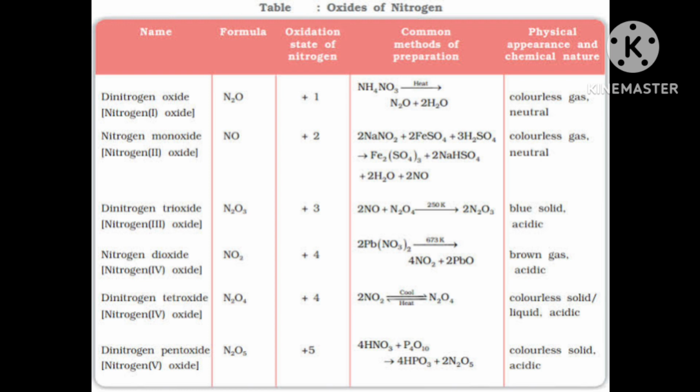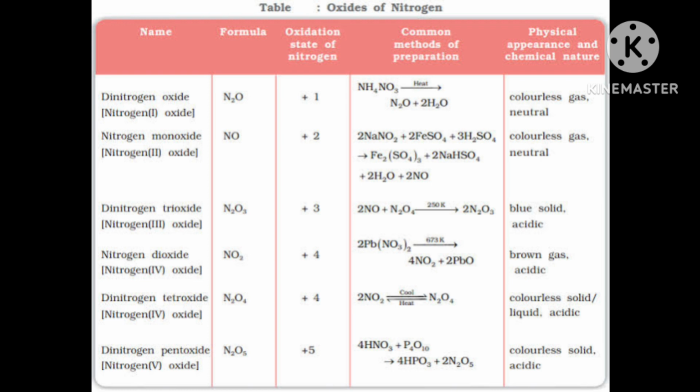When you cool NO2, 2 NO2 gives N2O4. How do we get it? By cooling. By cooling, gas molecules will come close. Correct? Gaseous NO2 molecules will come close, dimerize, and give N2O4.